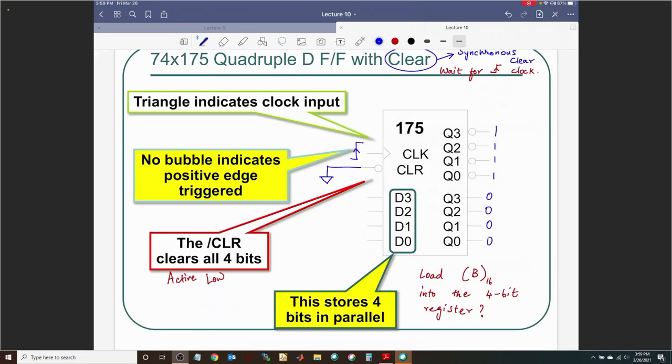Okay, so that's fair. B is 1011. So what should I connect to? You are saying D0 should be connected accordingly. How about the clear? Can I leave it at ground? No, I need to connect it to high. All right, so let me connect it to high here with a pull up resistor.